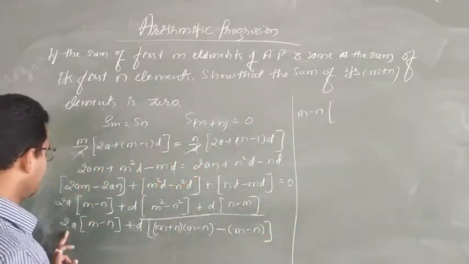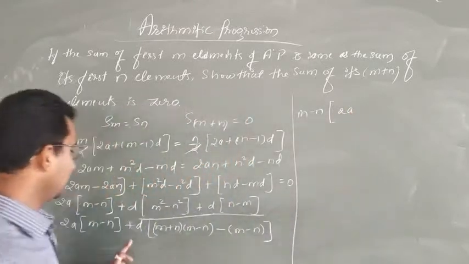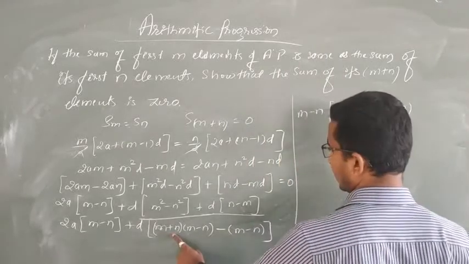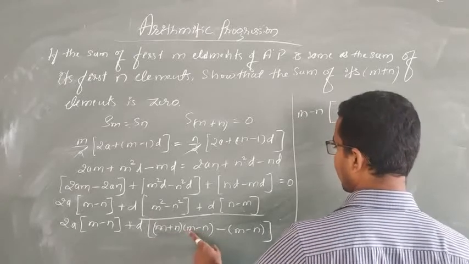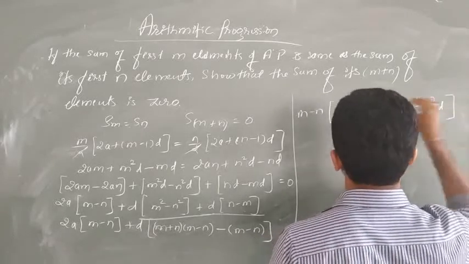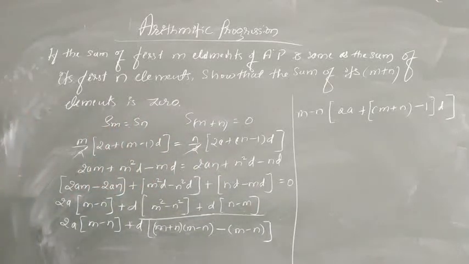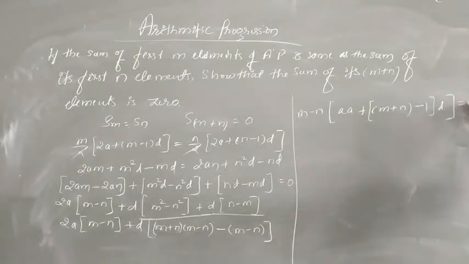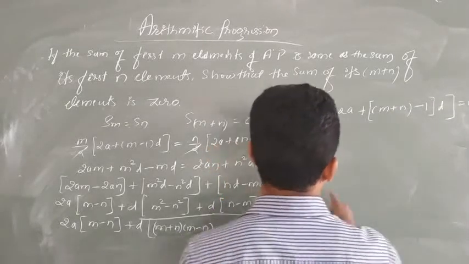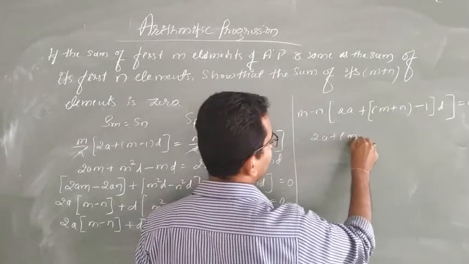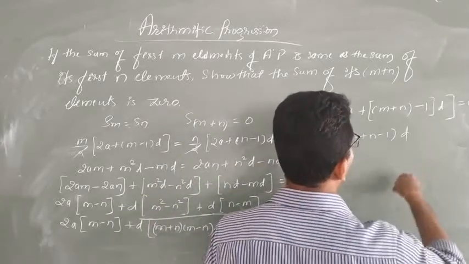Then inside the bracket, what will I get? 2a plus d into m plus n minus 1, that is 2a plus m plus n minus 1 into d, is equal to 0. I'm sorry, I did not put is equal to 0 earlier. I will send this m minus n to the RHS, and 0 divided by any number is again 0. Therefore, 2a plus m plus n minus 1 into d is equal to 0.